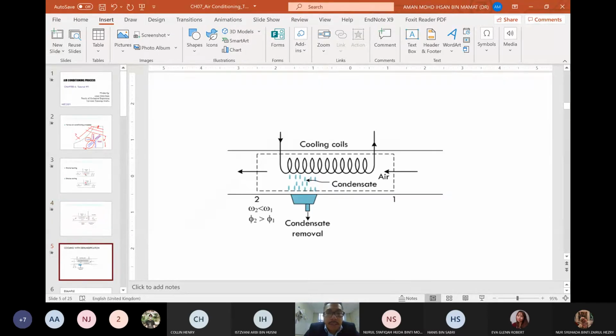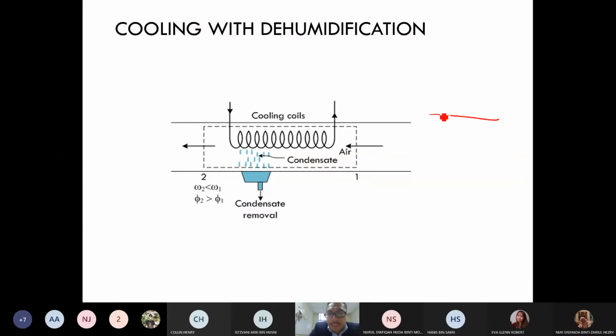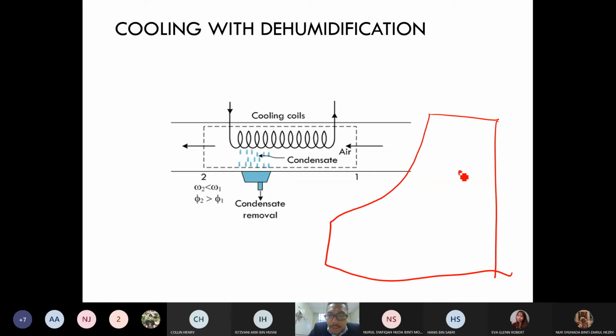And then in the cooling with dehumidifying, the temperature goes from T1 to T2, so the temperature will be decreased throughout the cooling section until it reaches, if you have the psychrometric chart, phi equal to 100%, that is the saturated condition.